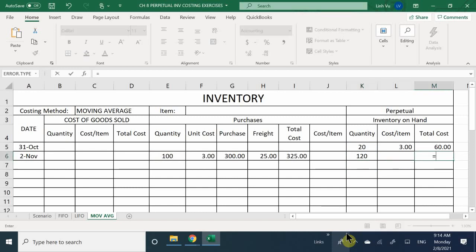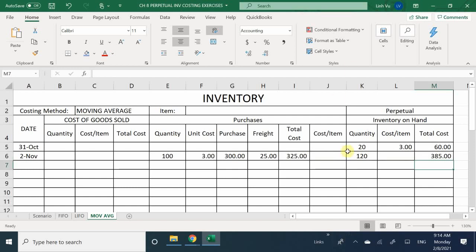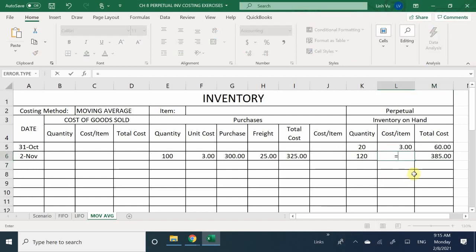I'm also going to add my $60 plus my $325 to get a total of $385. And then now I can calculate my average cost per item by taking my $385 and dividing it by my total quantity of 120.